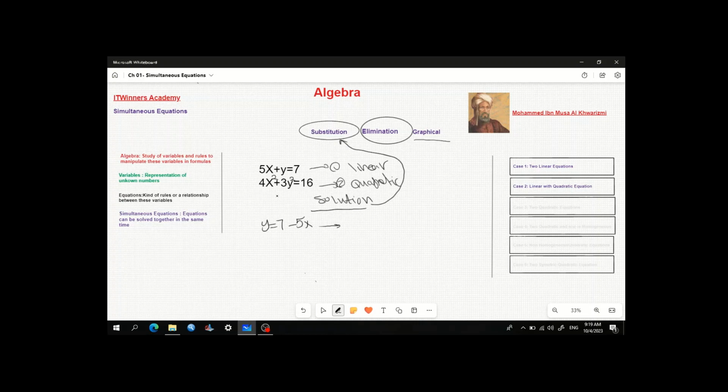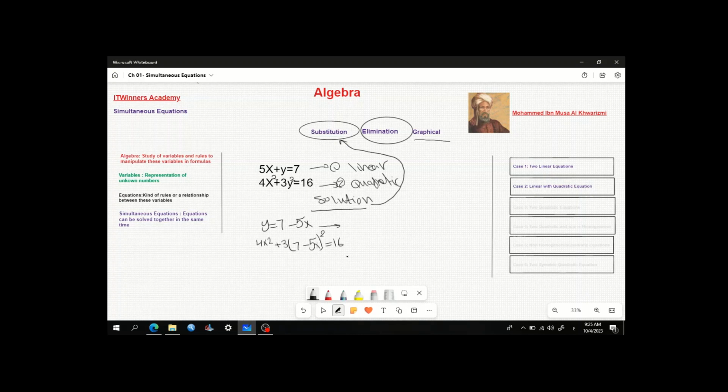So let's do that: 4x squared plus 3 times (7 minus 5x) equal to 6. After substituting for y in the second equation, we can rearrange that.